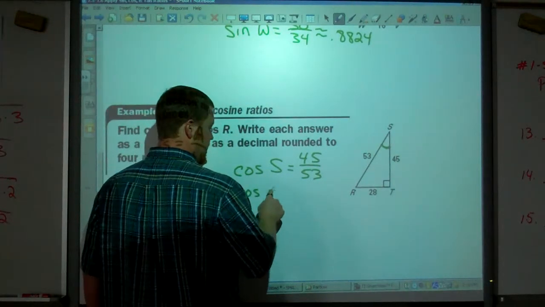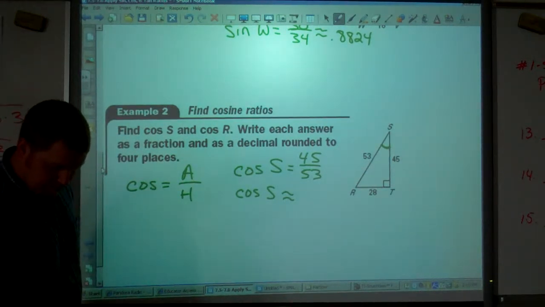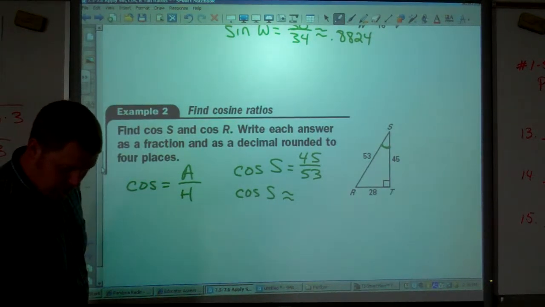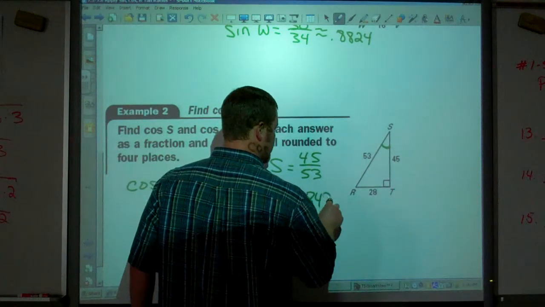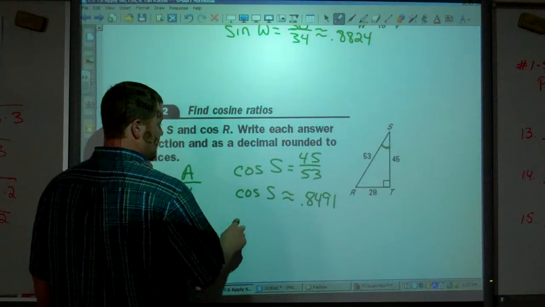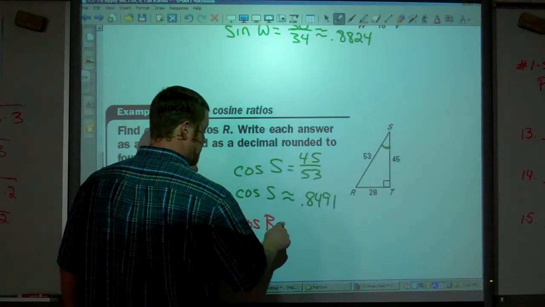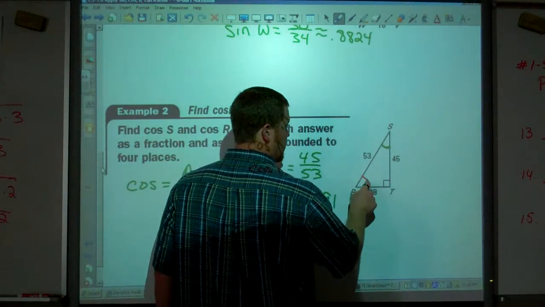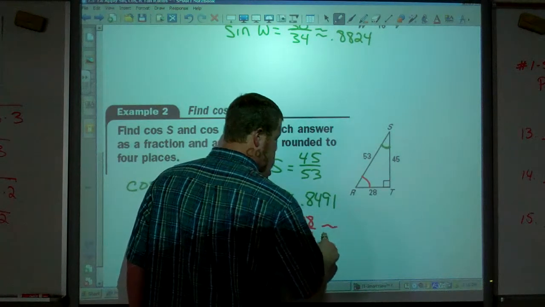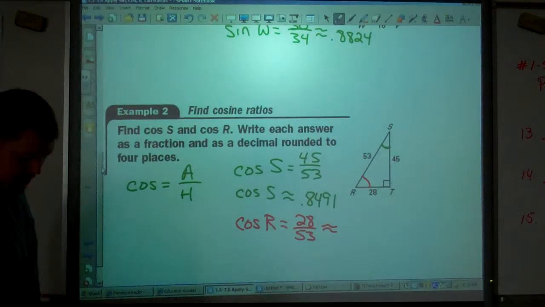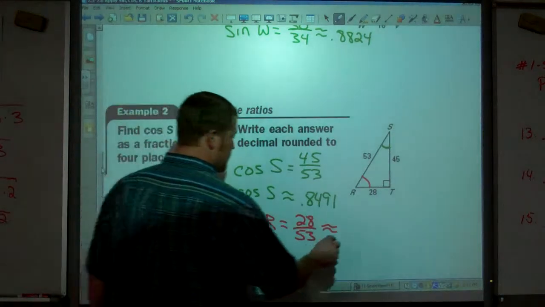So the cosine of angle S is about 0.8491. And then the cosine of angle R equals adjacent 28 over 53, the hypotenuse, which is 28 divided by 53, about 0.5283.